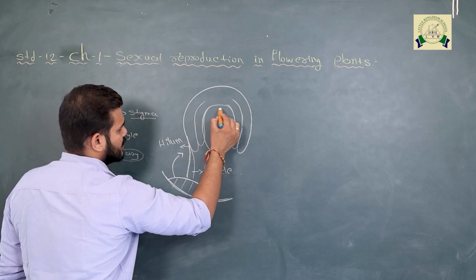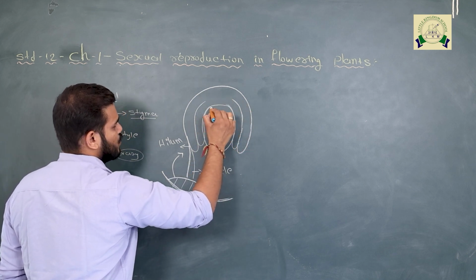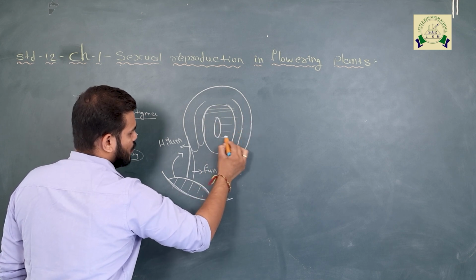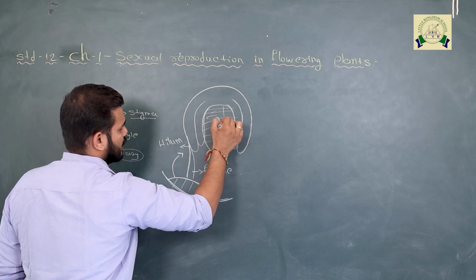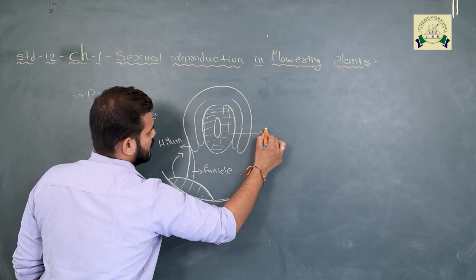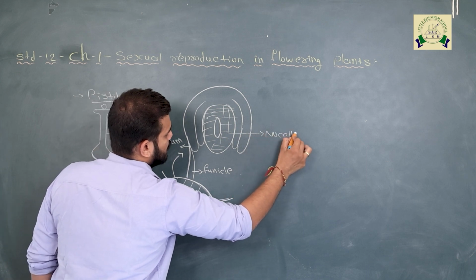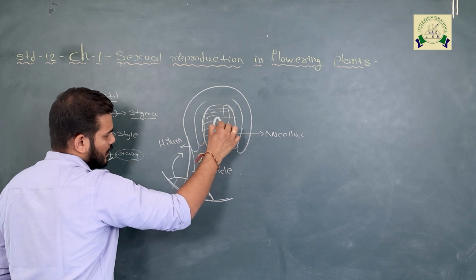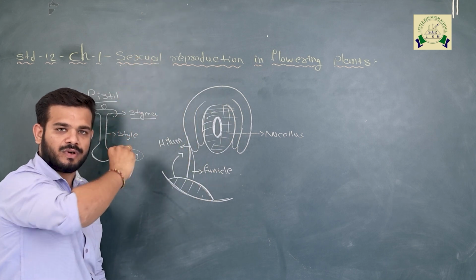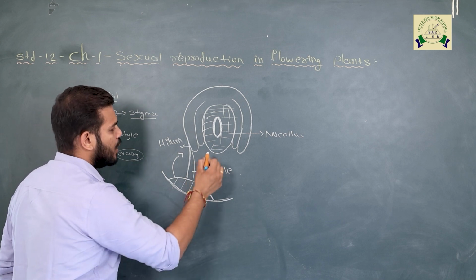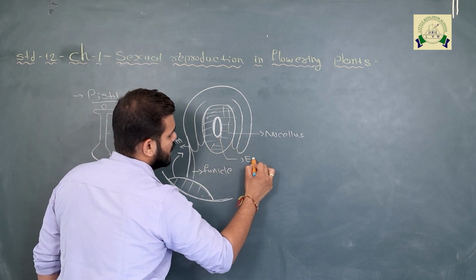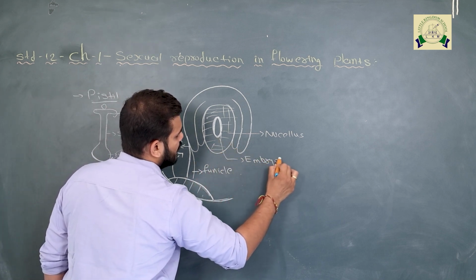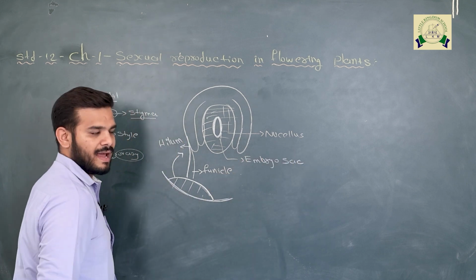Inside this structure, the basic tissue present is known as the nucellus. And in the center of the nucellus, the most important structure for sexual reproduction is present, called the embryo sac.